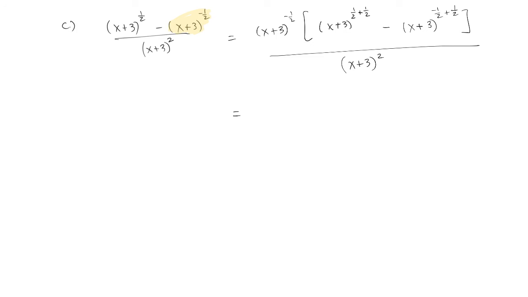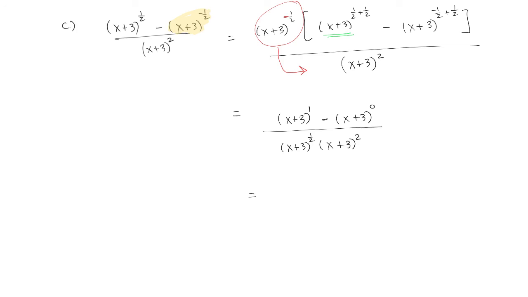Okay, so now this is negative, so I'm going to go ahead and just bring that down to the denominator right now. So I've got x plus 3 to the now positive 1/2 times the x plus 3 that was already down there. Okay, now I have x plus 3 right here. 1/2 plus 1/2 would just be the 1 exponent, and then minus x plus 3 to the 0, negative 1/2 plus 1/2.